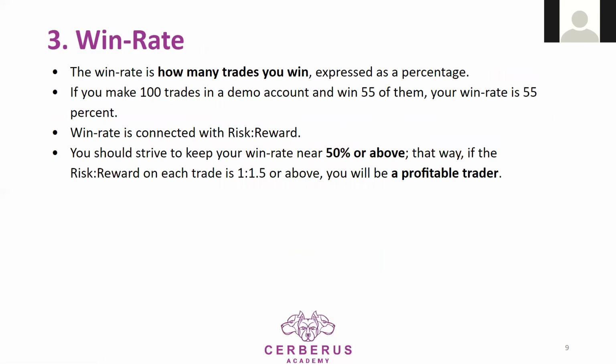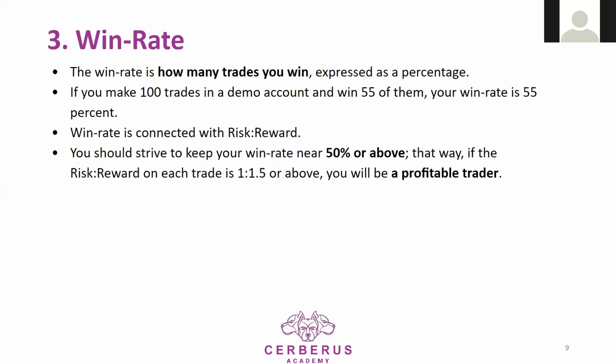The win rate is how many trades you win if you make 100 trades. So if you make 100 and you win 55, your win rate is 55%. And it's a very interconnected element with the risk reward.